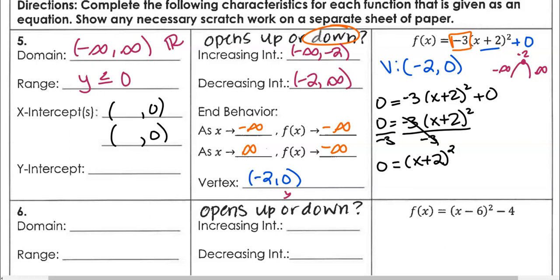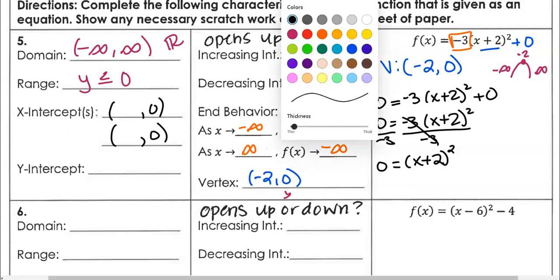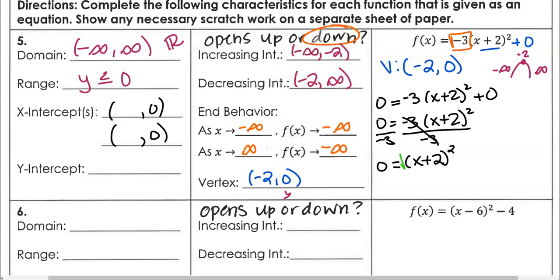This will always happen in factored form. So after we move the k, we divide by a. You will always do the square root next. You have to do the square root to get rid of our square. So if I square root both sides, well, what's the square root of 0? That's nice. So we have 0 equals, and now this is just x plus 2.